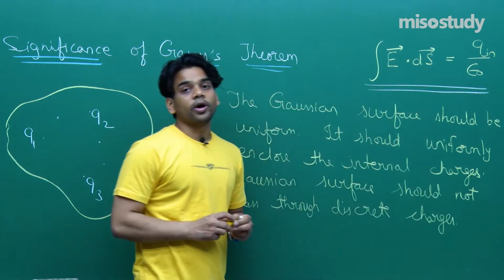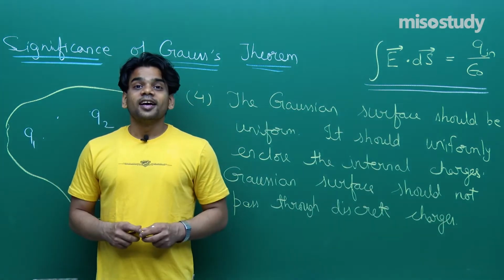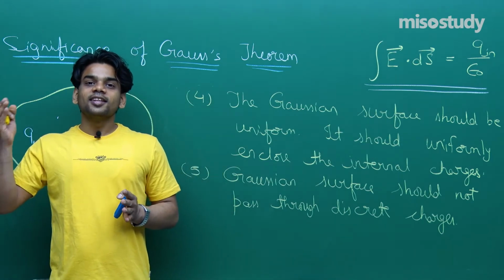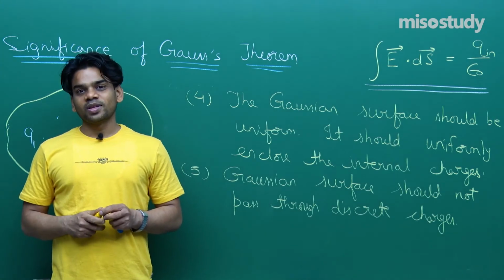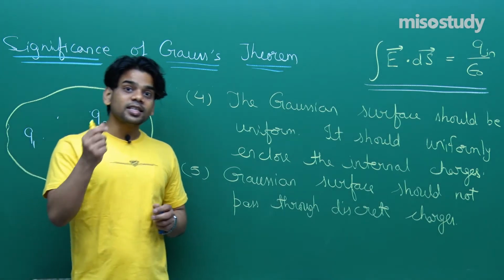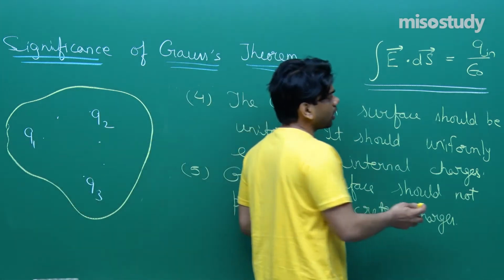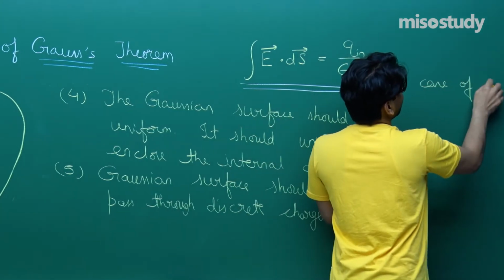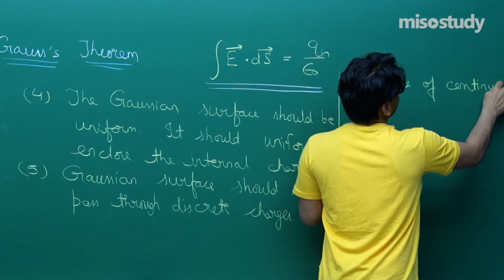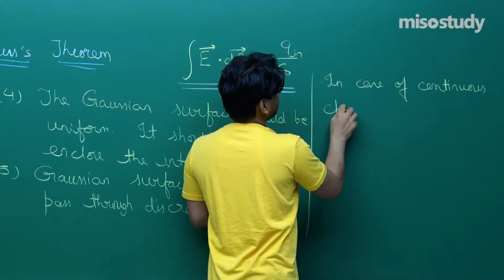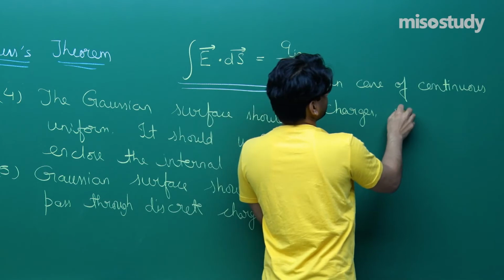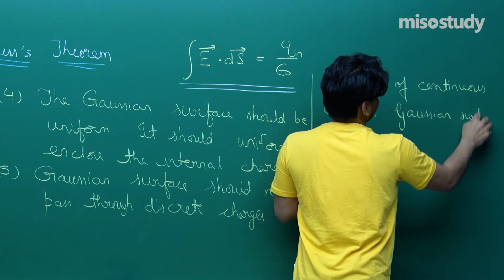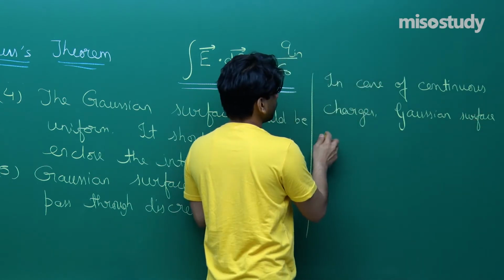But remember, one more point you can add: in the case of uniform or continuous distribution of charges, the Gaussian surface can pass through the charge system. In case of continuous charges, the Gaussian surface can pass through charges.